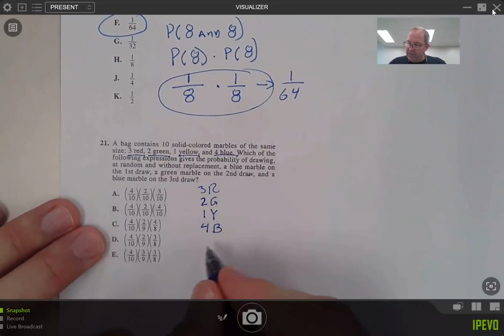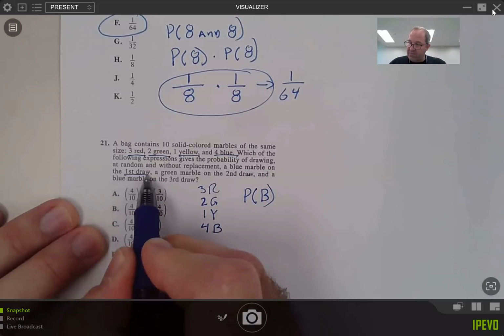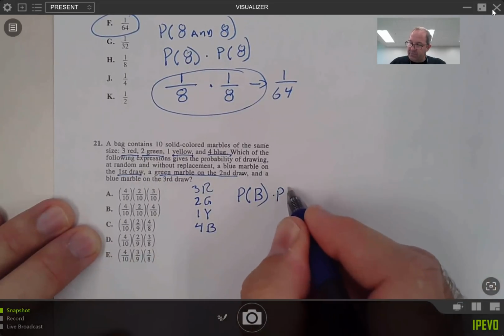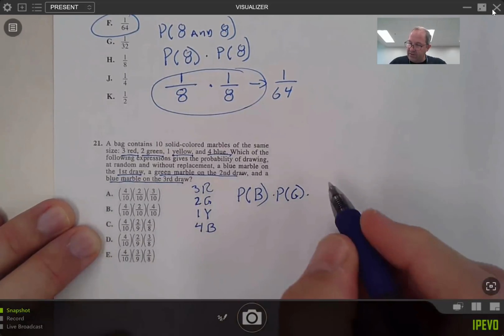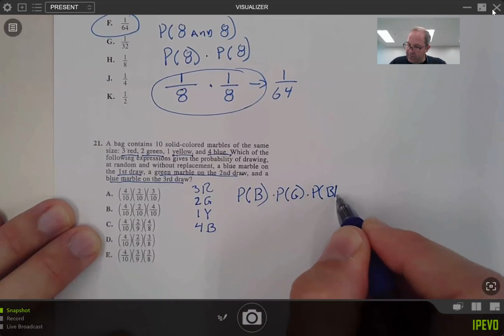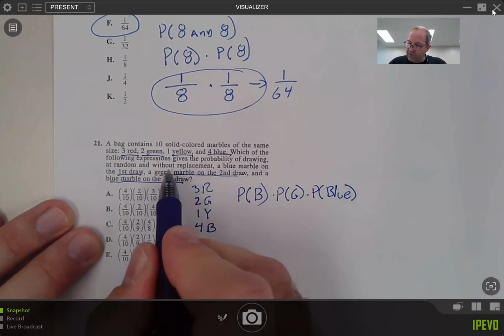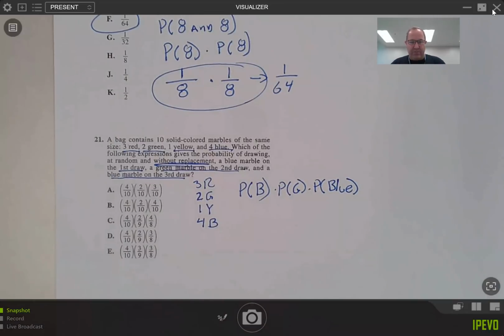So you want to know the probability of a blue marble on the first draw, a green marble on the second, and a blue marble on the third. Blue. Okay, now notice we're doing without replacement. I want to give you 30 seconds to think about it. Remember, ACT tries to find the mistakes you can make and puts them in there for you.